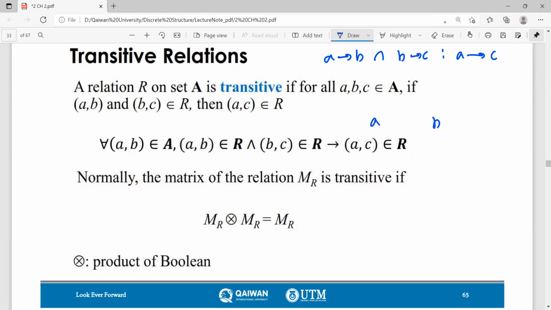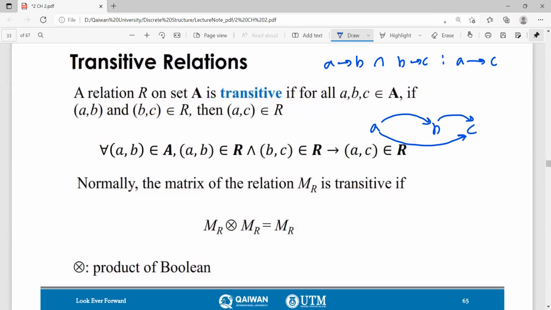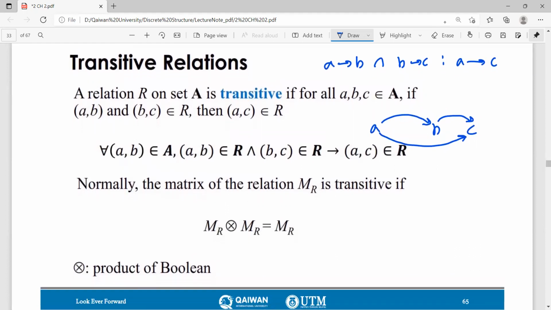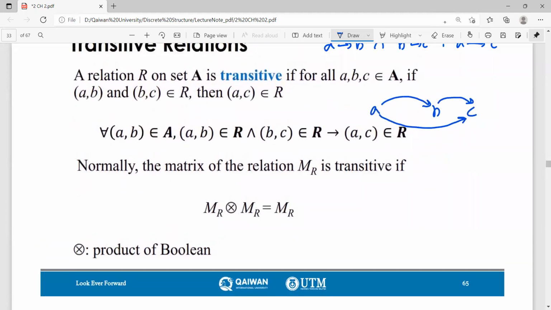That means if A is related to B and B is related to C, we must have A related to C. If a relation satisfies this condition for all a, b, c in the set, we say the relation is a transitive relation. This is the condition that I talked about.